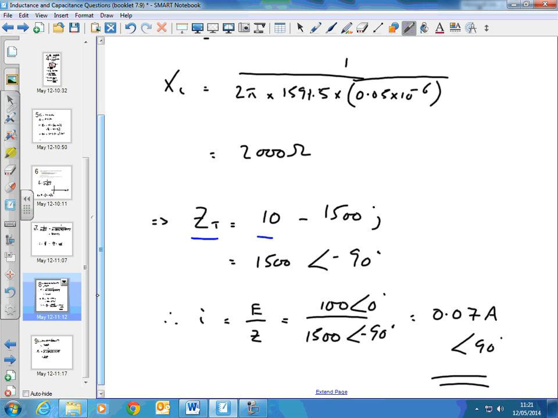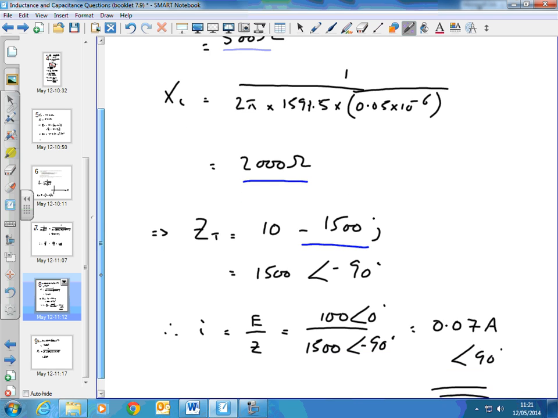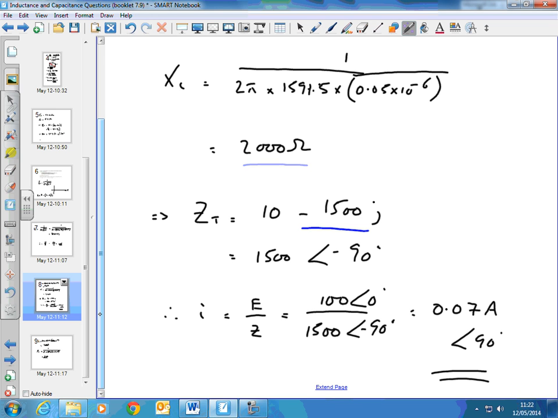We've got 500 ohms acting in the inductive sense and 2000 in the capacitive sense, so subtracting we get minus 1500 j. We're going to use that method, which is pretty well all along the imaginary axis, so the phase angle is going to be practically minus 90 degrees, and the resistance is going to be around about 1500 ohms rounded, so in other words the 10 ohms is almost ignored.